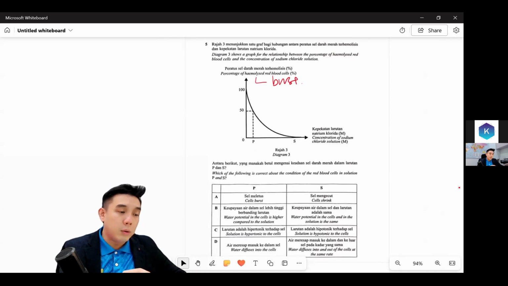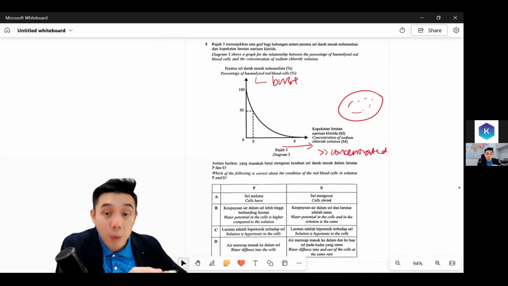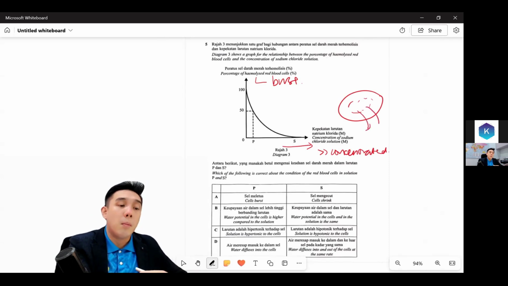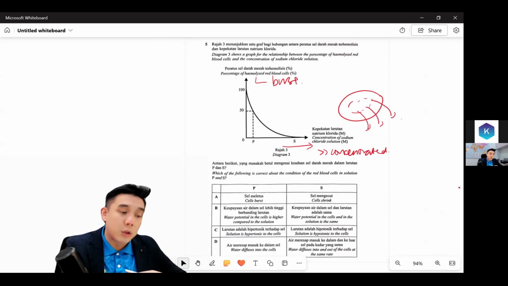Now, between P and Q, just to emphasize again, as it moves to the right, it is getting more and more concentrated. To give you a very clear picture, let's say this is a red blood cell. If it is more and more concentrated, more and more water will move out. So at the end, we are talking about crenation.